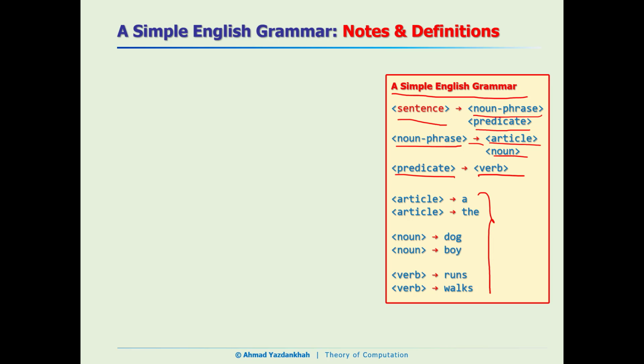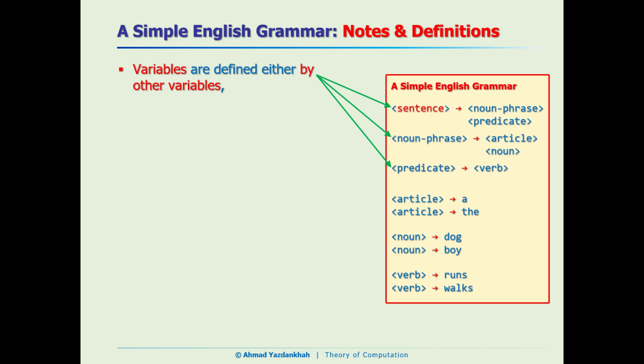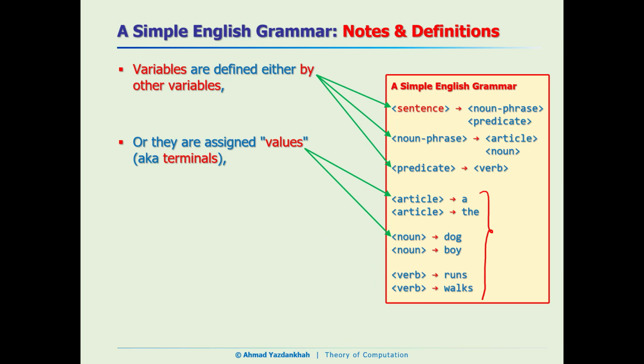Before going further, let me define and review some of these for more clarification. We define all of these as the variables we have on the left hand side and on the right hand side. We can have some variables like this one, and we have the values or terminals.